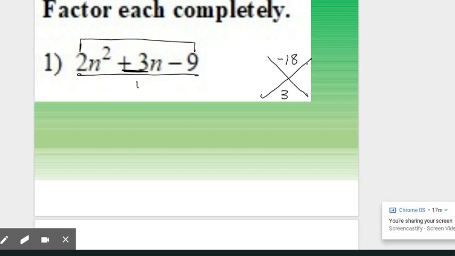Now I've got to go through the process of figuring it out. 1 times negative 18. Nope, that doesn't add up right. 2 times negative 9. If I add that, I get negative 7. Nope. And negative 18 divided by 3 is negative 6. Well, that gives me negative 3. So I'm just going to flip that around. Negative 3 times 6 is negative 18. Negative 3 plus 6 is 3. So I have them. Put my wings out.